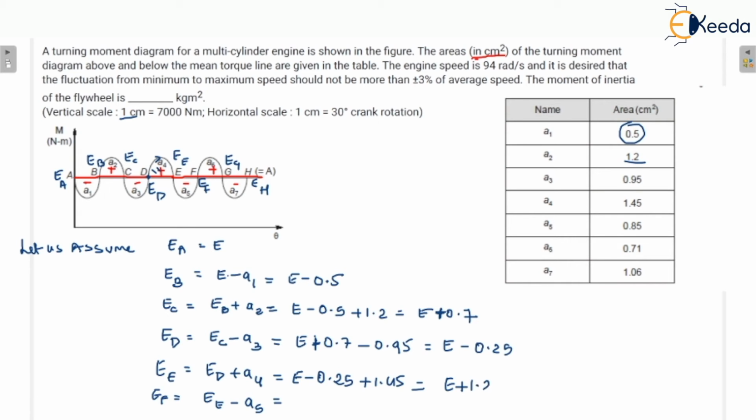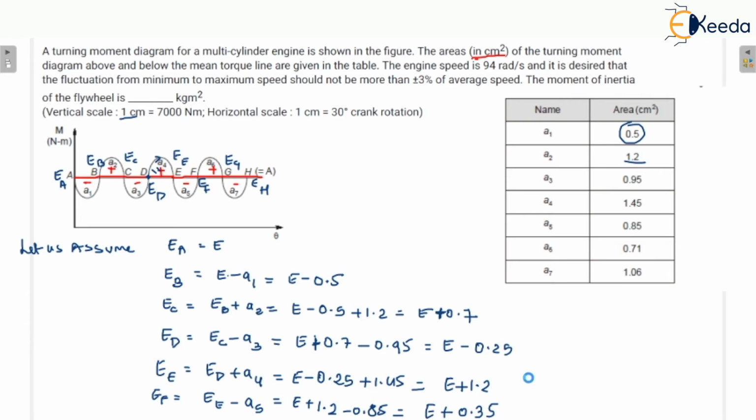E plus 1.2 minus A5, and A5 is 0.85. So here you can get the value of EF, that is E plus 0.35.